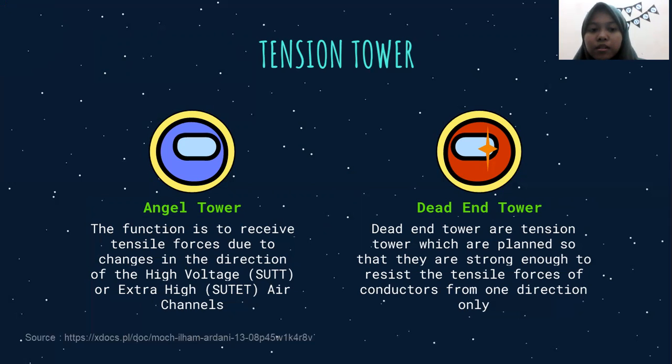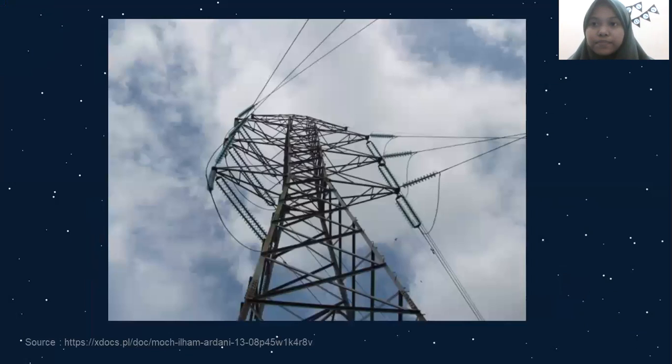Angle tower receives tensile force due to change in the direction of SUTT or SUTET air channels, and dead end tower. Dead end towers are tension towers which are planned so that they are strong enough to resist the tensile force of conductor from one direction only.